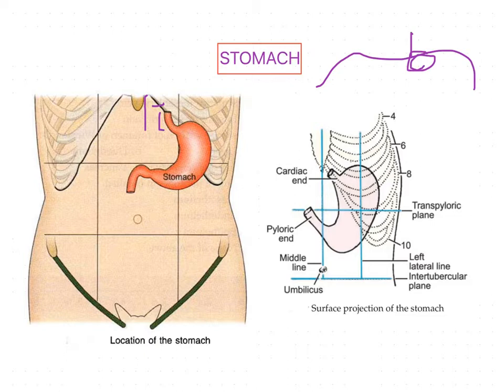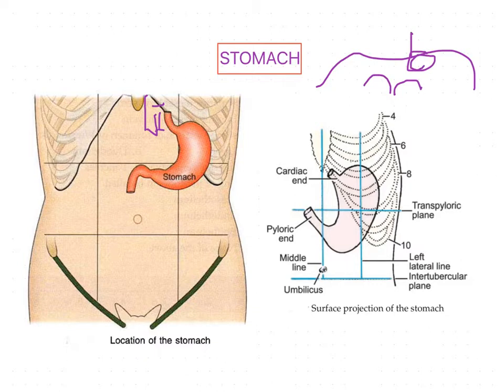Now, once the esophagus enters the abdomen, it runs downwards and to the left, in front of the left crus. We know the diaphragm has a right crus and a left crus. So it runs in front of the left crus of the diaphragm and the inferior surface of the left lobe of the liver.